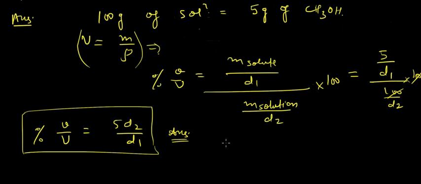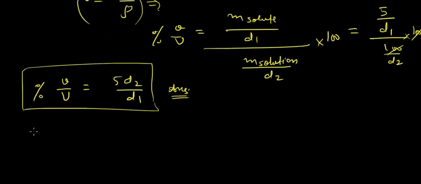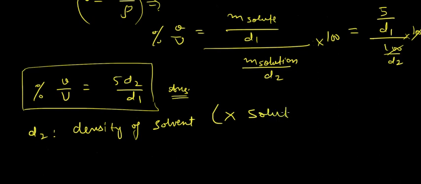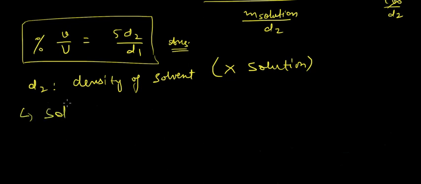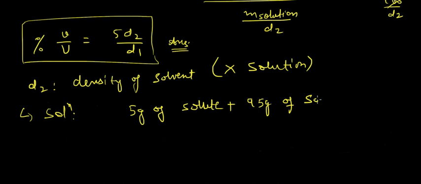Okay, and next, if we have been given that D2 is the density of the solvent and not solution, then how do we do this type of problem? Then you have been given that the solution contains 5 grams of solute plus 95 grams of solvent.